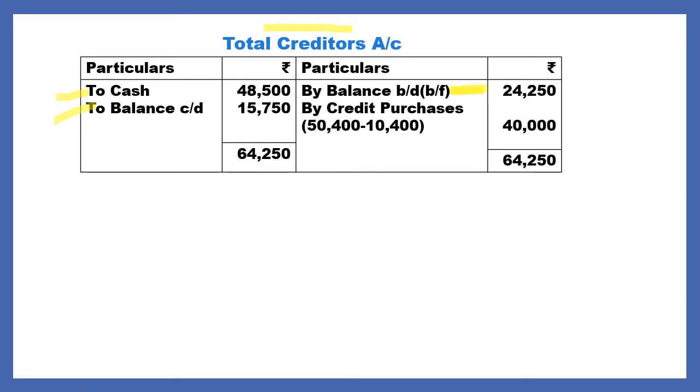Then by credit purchases, they have mentioned the purchases 50,400, and in the cash transaction they have mentioned cash purchases 10,400. So that means 40,000 will be the credit purchases. So total comes to 64,250 and the difference is 24,250. That will be the opening balance of total creditors account.